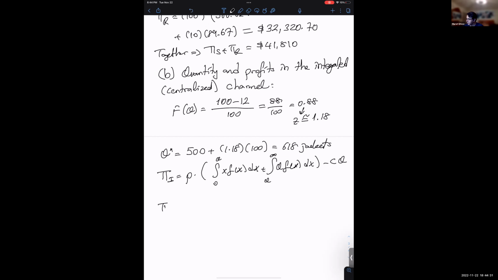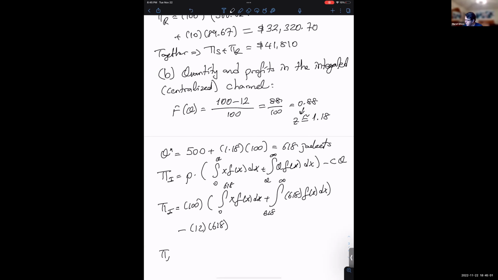When we plug those numbers in, we will get 100 times the integral from 0 to 618 of x f(x) dx, plus 618 times the integral from 618 to infinity of f(x) dx, minus CQ, which is 12 times 618.